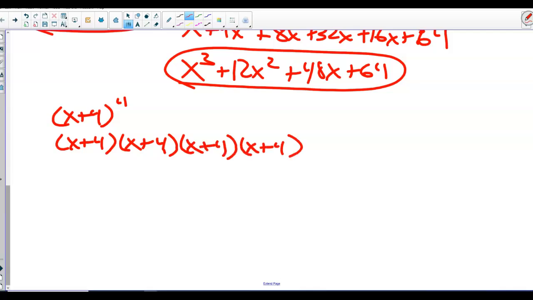My advice, you have two groups of x plus 4. We know x plus 4 squared is this.